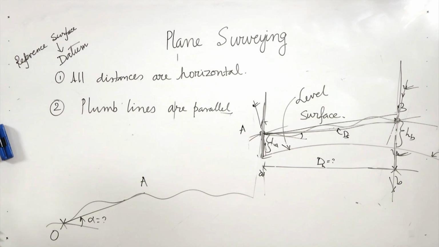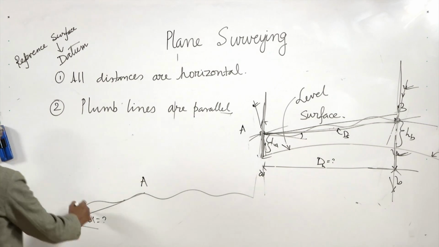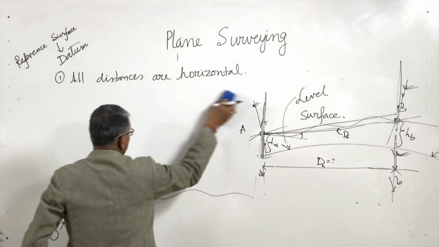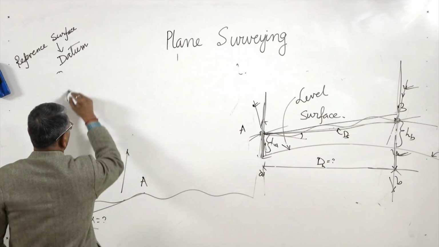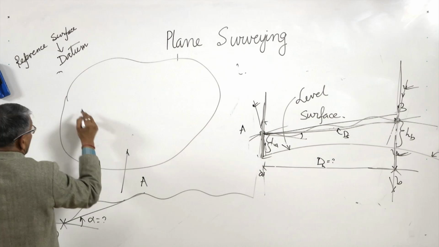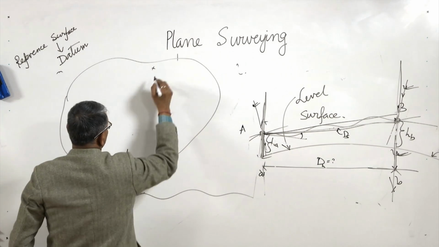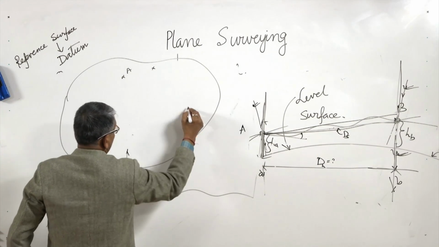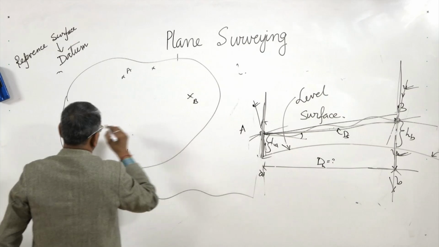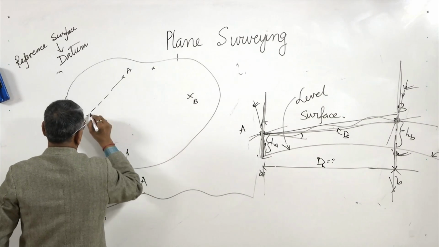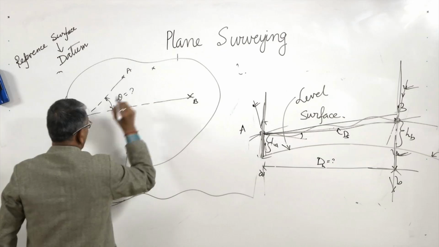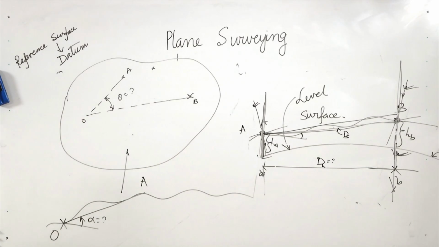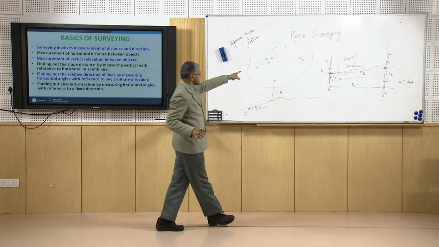If we project it, this is the ground, this is our O, this is our A, suppose this is our B. So this is the horizontal angle between A and B with reference to station O.